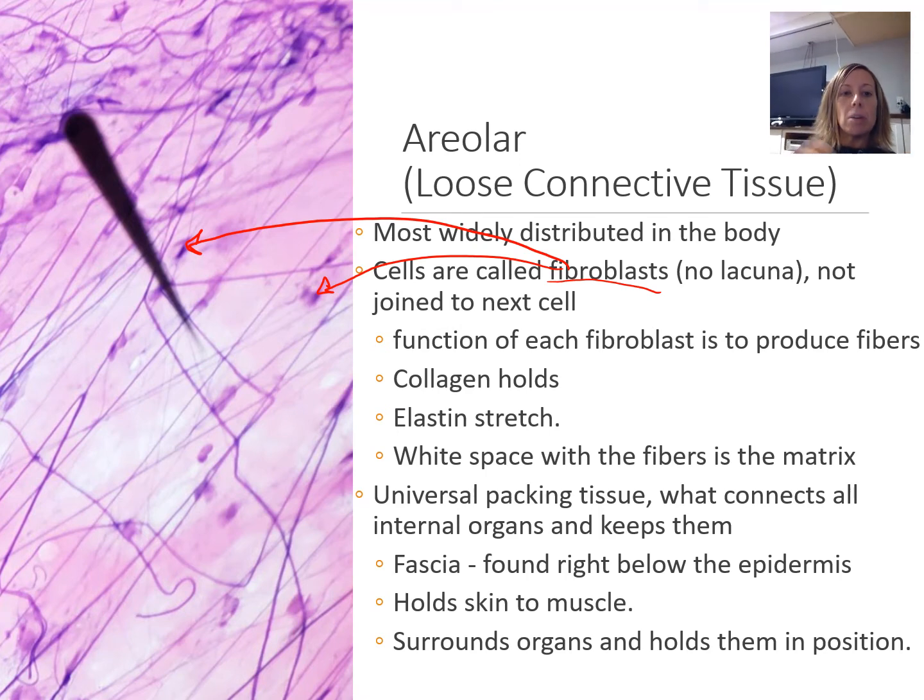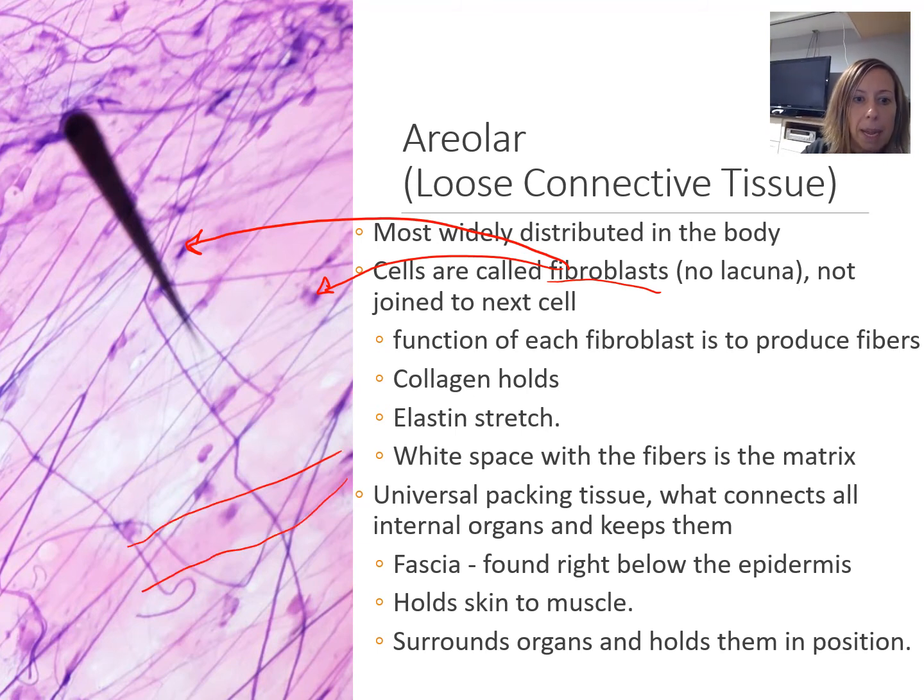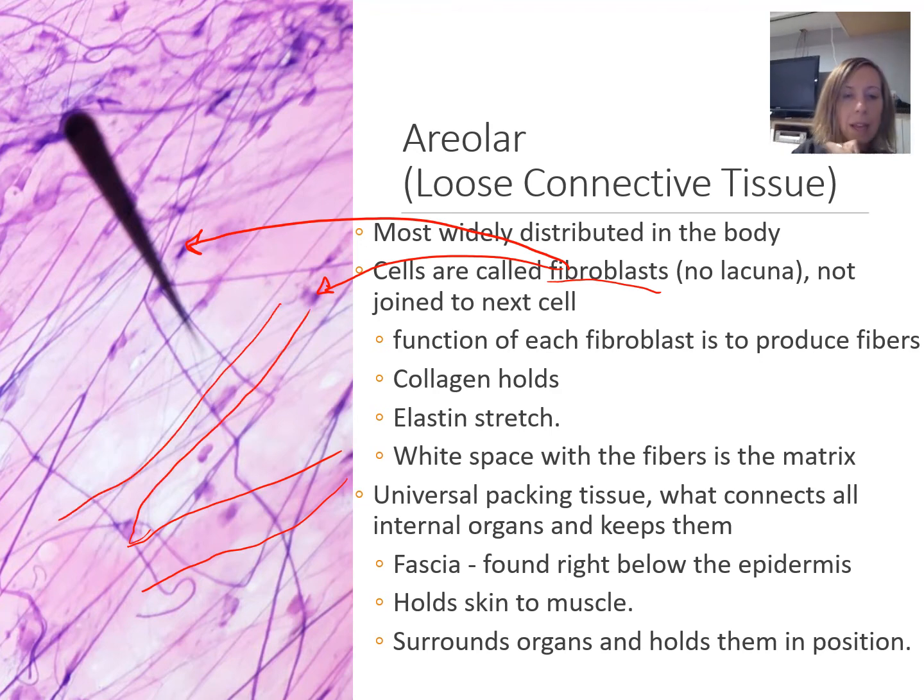The fibroblasts are going to produce fibers. There's two types of fibers in this tissue. We have collagen fibers, which are, let me show you here to here, this thick pink band. There's another one here. They're in the background. Those thick pink bands are collagen fibers. These tiny purple bands are elastic fibers, okay?